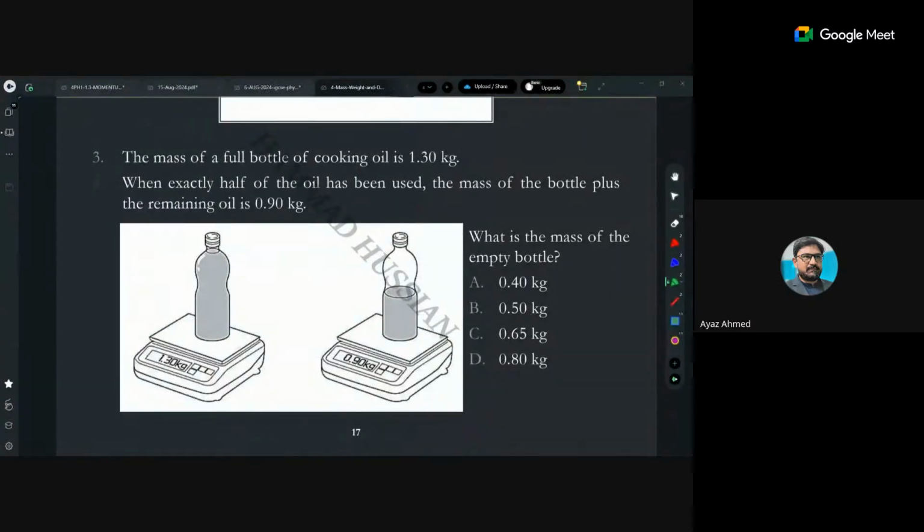When exactly half of the oil has been used, the mass of the bottle plus remaining oil is 0.9 kg. What is the mass of the empty bottle? So from this we will lead to the density. So can anybody solve this question for me? What would be the right answer?